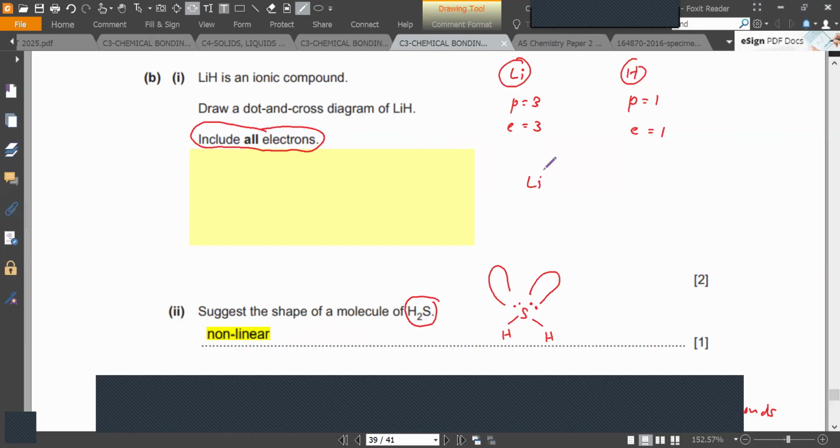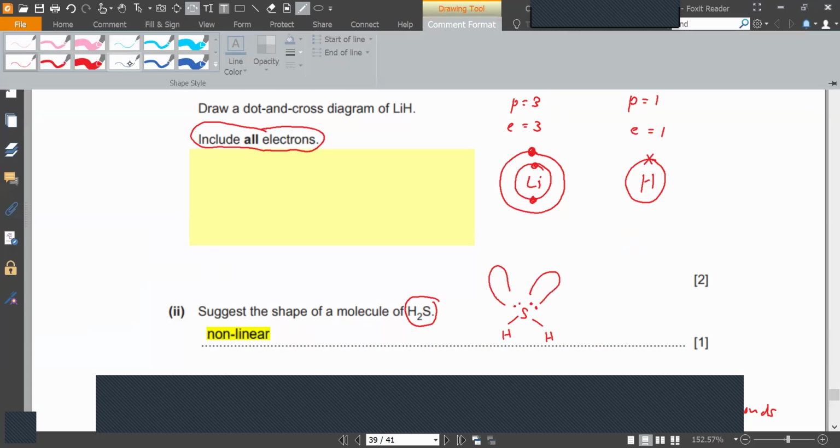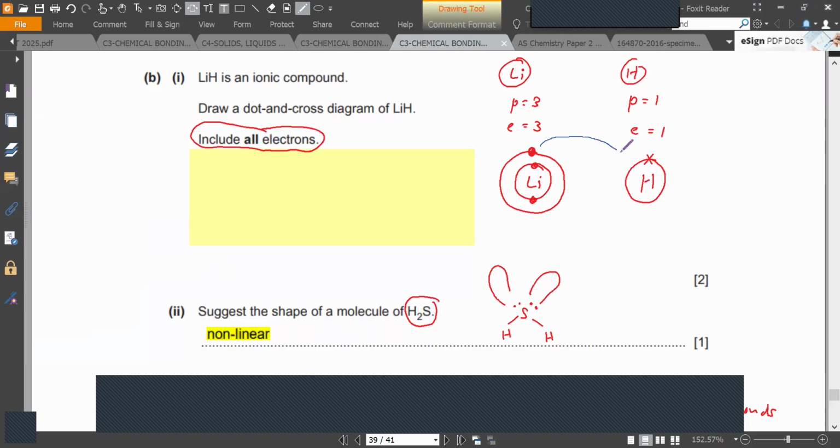So lithium has 3 electrons, hydrogen just 1 electron. To make a full shell, lithium will lose 1 electron to the hydrogen.